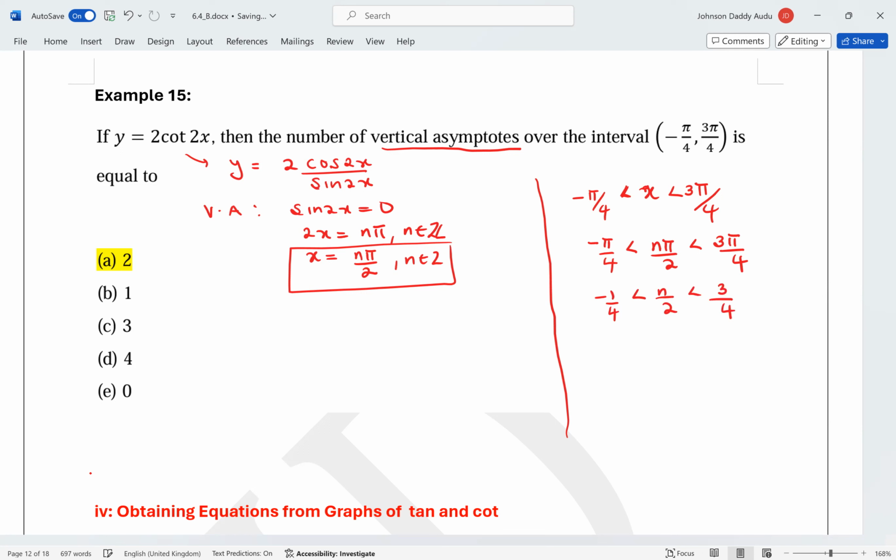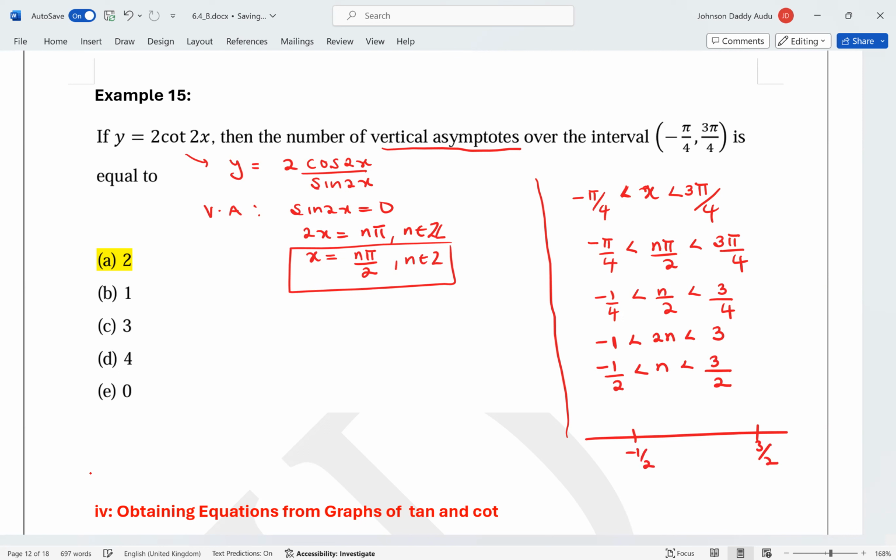And we can multiply both sides by 4. So this will become minus 1 less than 2n less than 3. So you have minus 1 over 2 is less than n is less than 3 over 2. What are the possible integers?